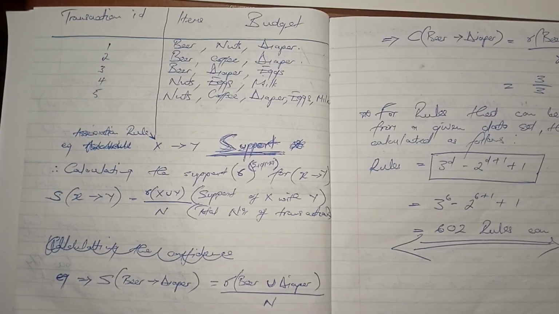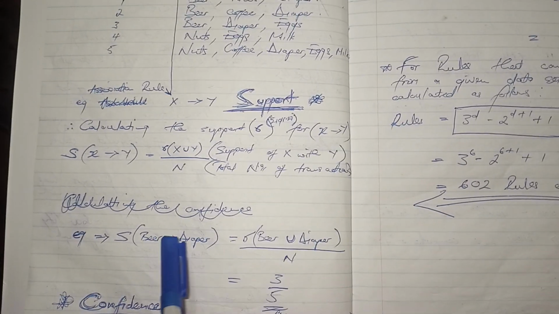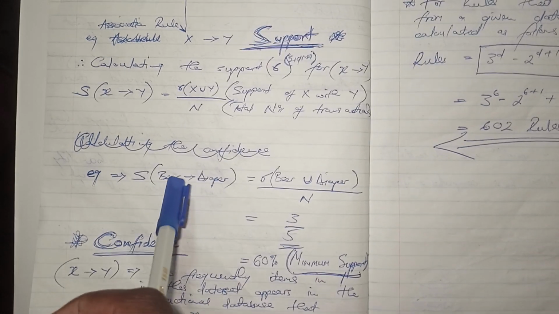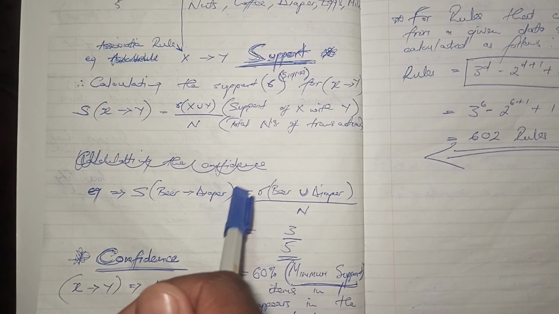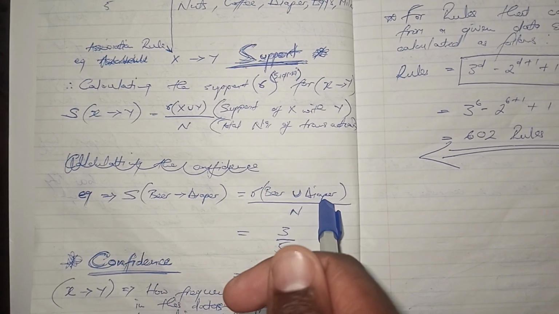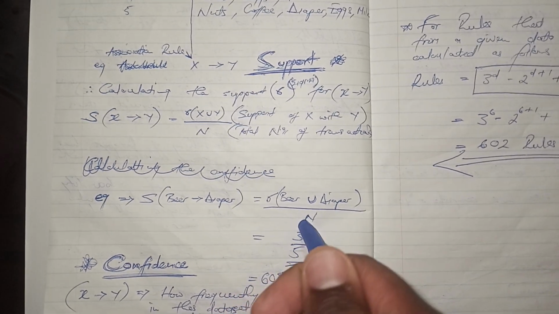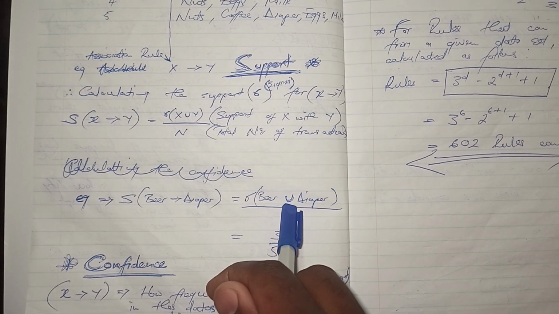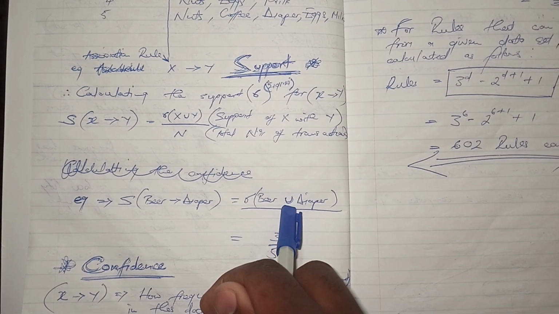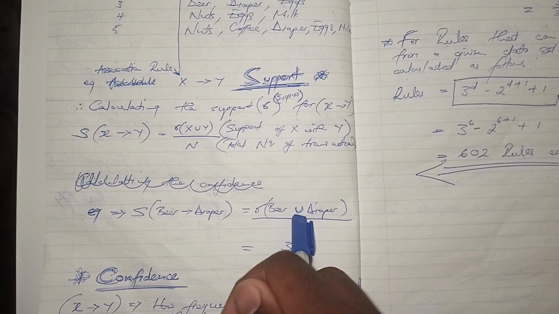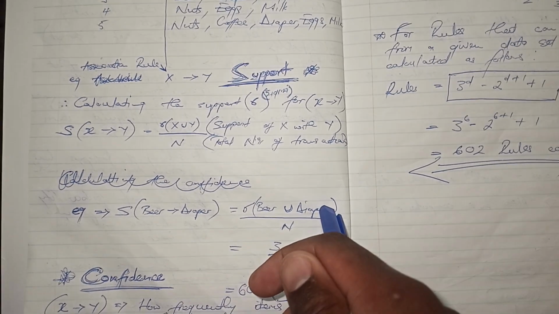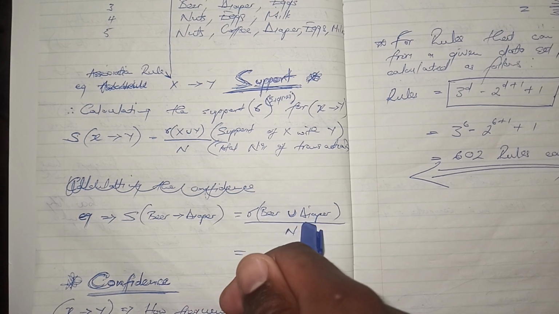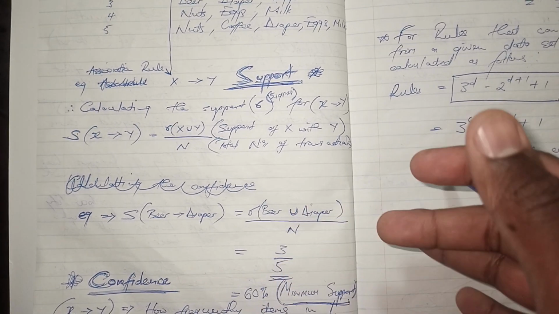For example, the support of beer to diapers is the support of beer with diapers over the number of transactions. In mathematics this is used as union, but here we call it the support of beer with diapers.